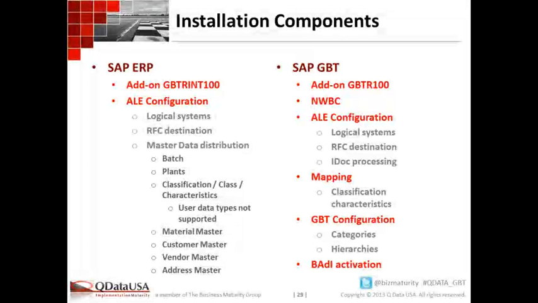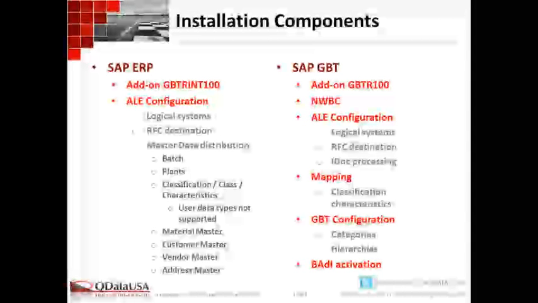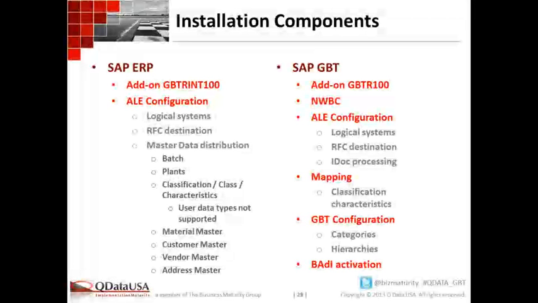It allows you to integrate both your master data and your transaction data. In this instance, they're only using the master data piece for batches, classifications, material master, customer master, vendor master, and the address. And then the plant is coming through an RFC call. Okay, so there's some RFC destinations set up in that environment too.